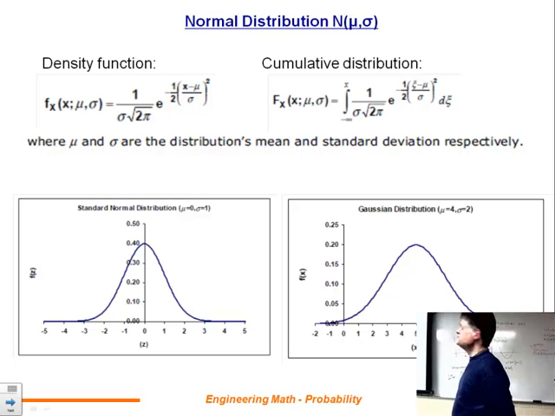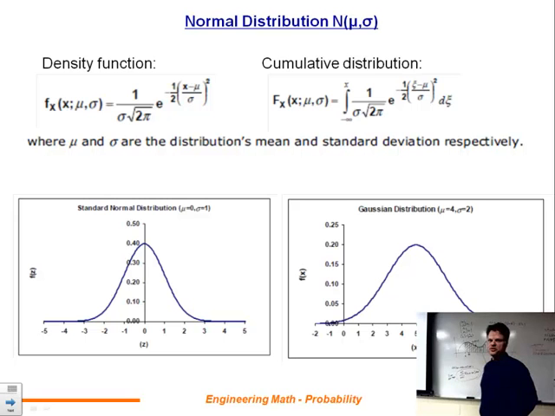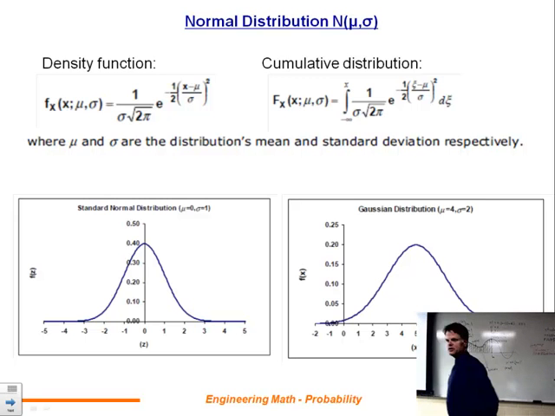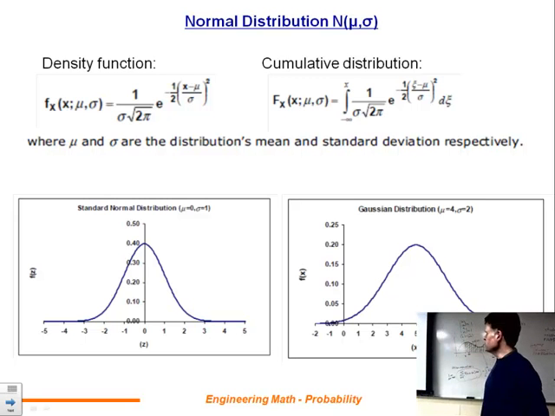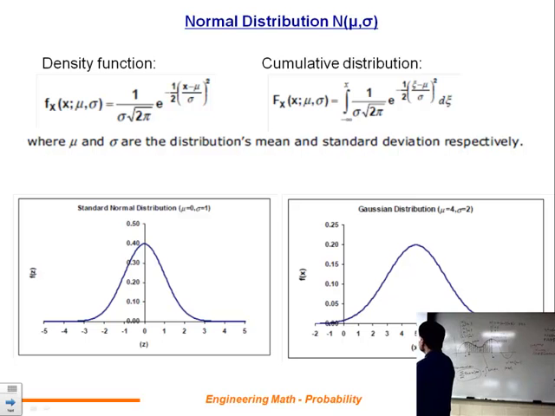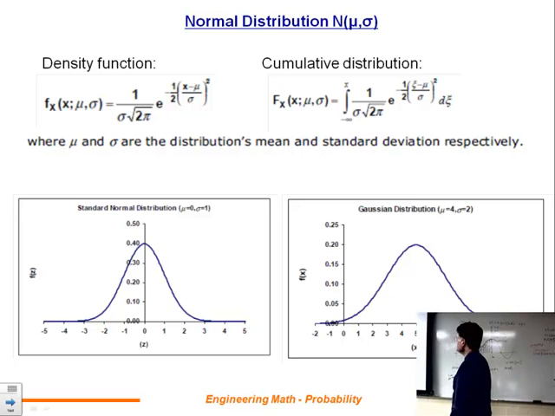All right. Normal distribution. This is your classic bell curve distribution. It's also called a Gaussian distribution after Carl Friedrich Gauss, the famous German mathematician. All right. So what is this? Well, here's what you're going to do.